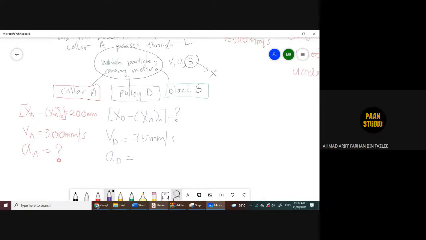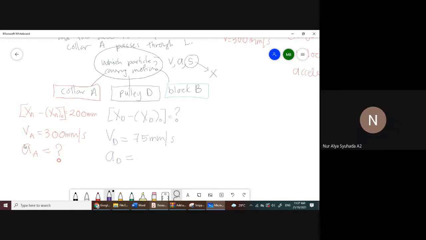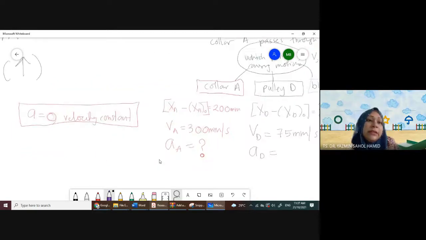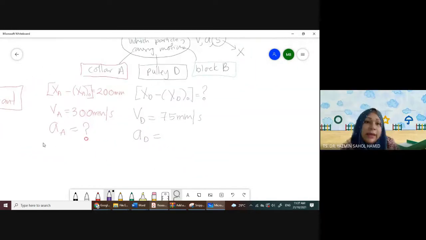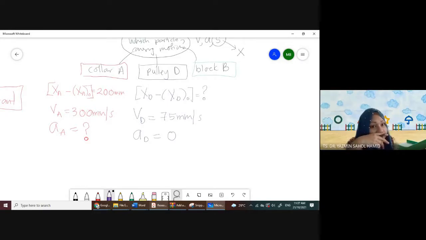No. Now, the velocity of D, it has a constant velocity. So what do you think the acceleration is? 0. Yes. Are you okay, guys? Okay, now, do you have V naught for D?